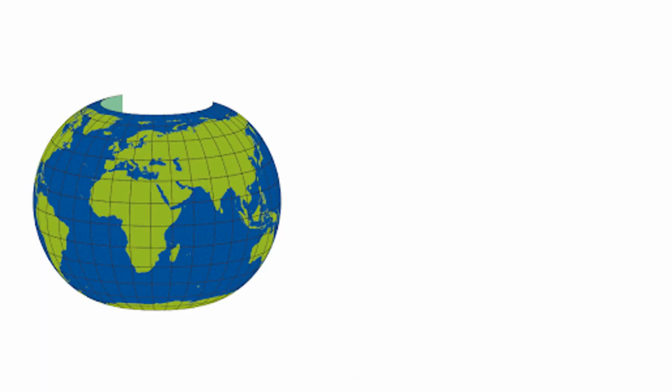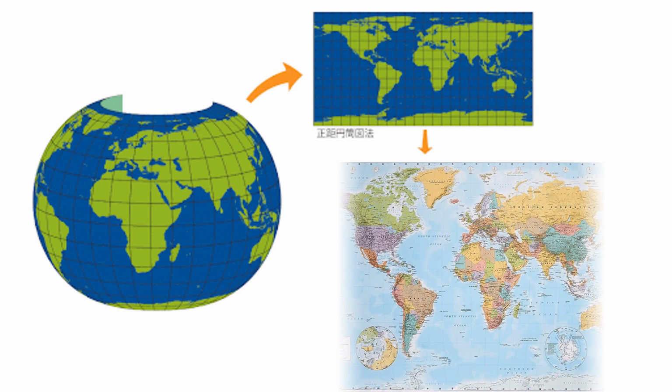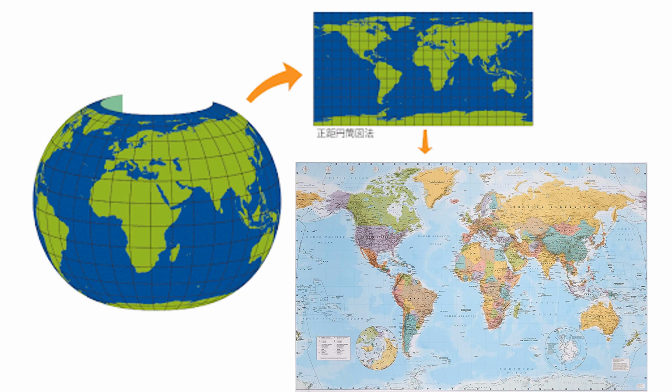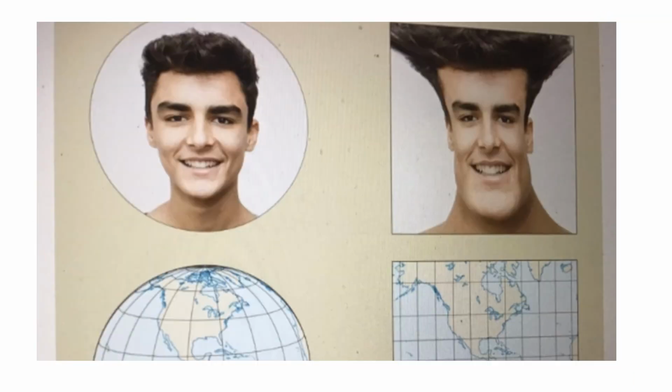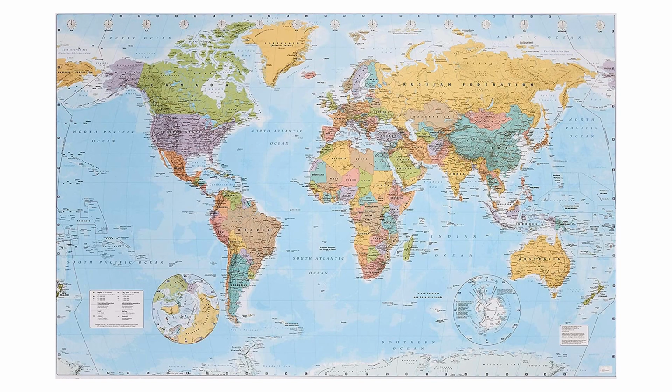Now, as you can tell, the top part and bottom part of the Earth, locations close to North Pole and South Pole, need to be really stretched to sit on the flat surface, like this. So the size of each country cannot show its true size on a map.